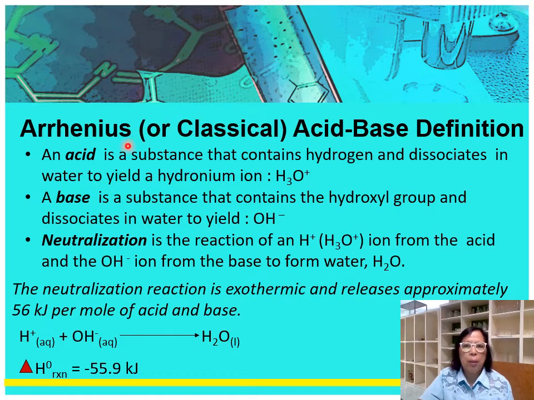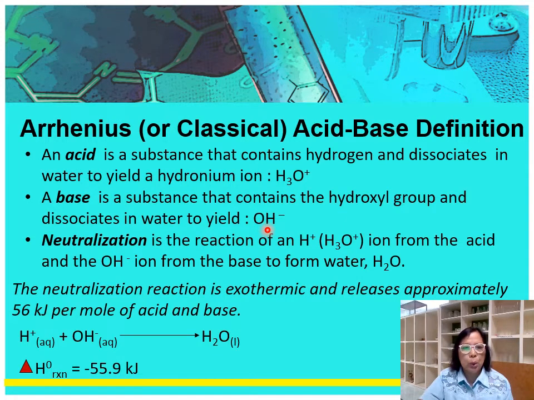Okay, according to Arrhenius' definition, an acid is a substance that contains hydrogen and dissociates in water to yield hydronium ion. Okay? And then a base is a substance that contains hydroxyl group and dissociates in water to yield hydroxide.